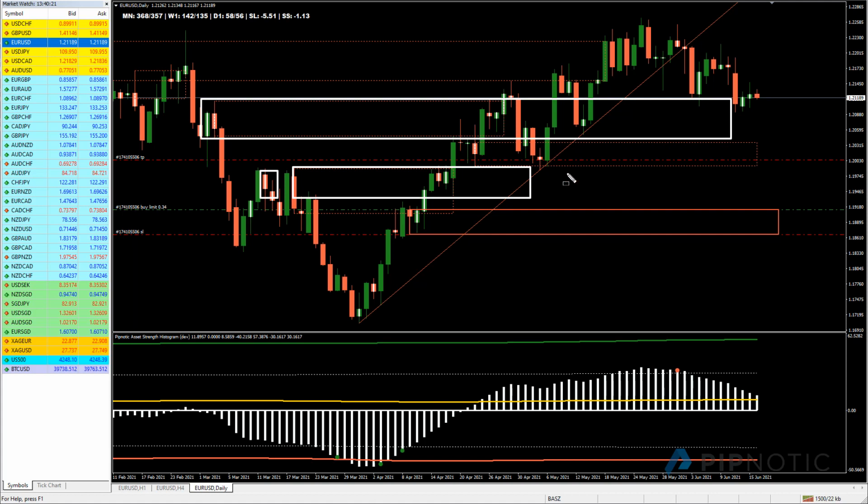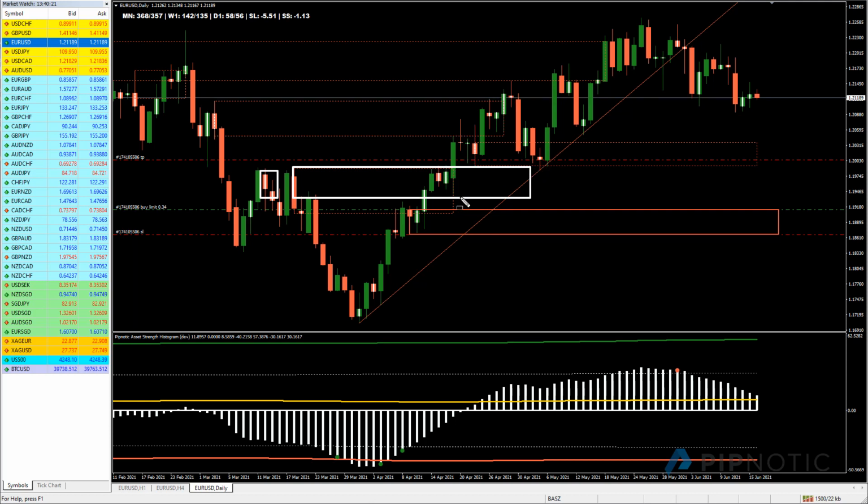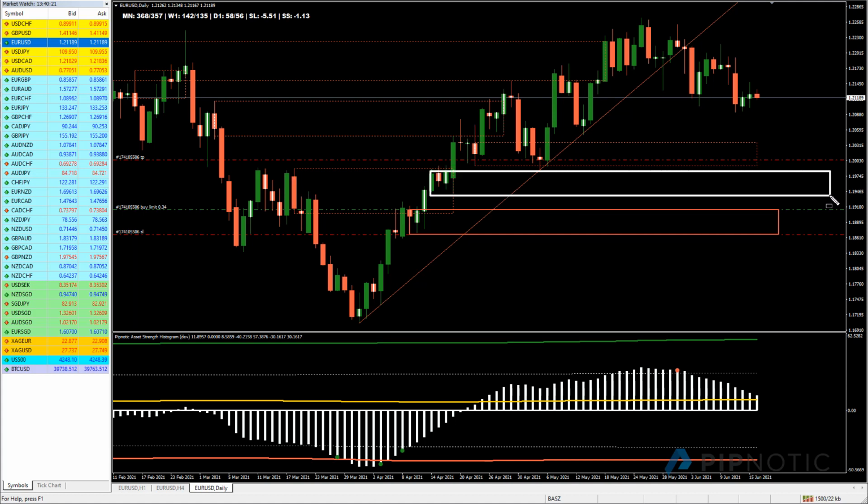The area that removed that is actually below here, because when price came from here, what happened? It came back in. So we had to go a little bit deeper than that. You can see this one is here, this one is a little bit deeper. So actually we had to go to this area here. This is the one that caused price to move through this area here.